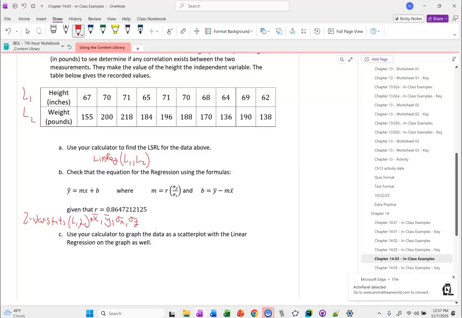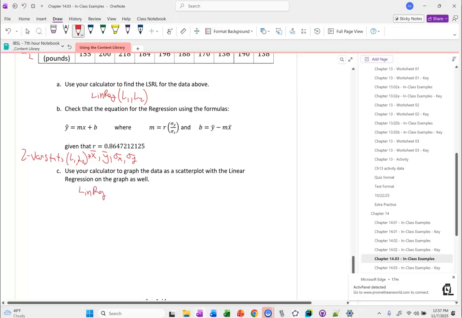Just do 2-variable stats on L1 and L2, and then you'll get the numbers and you plug them into the formulas and you're done, right? Everybody's okay? Okay. Use your calculator to graph the scatter plot with the linear regression on the graph as well.